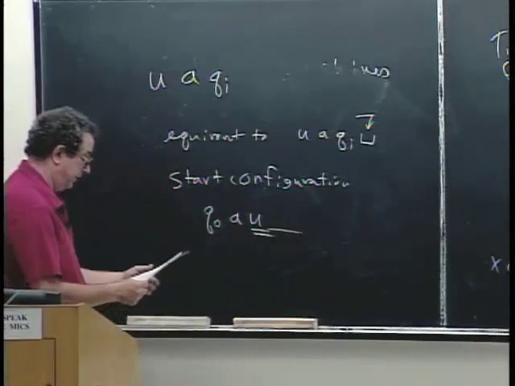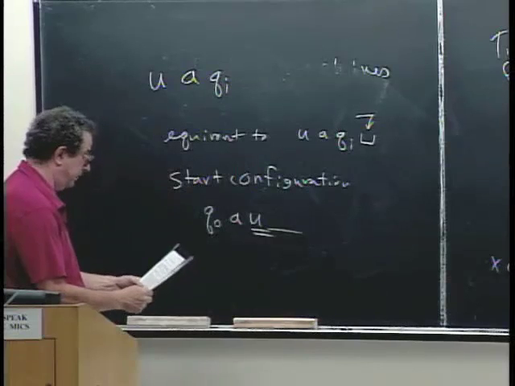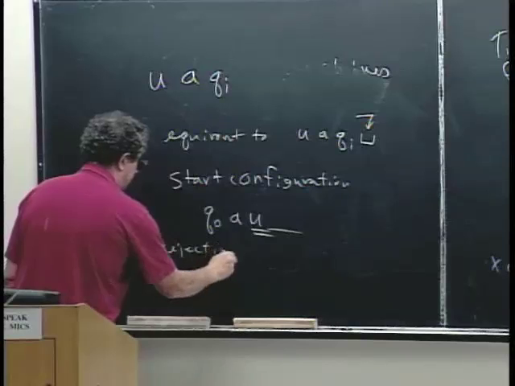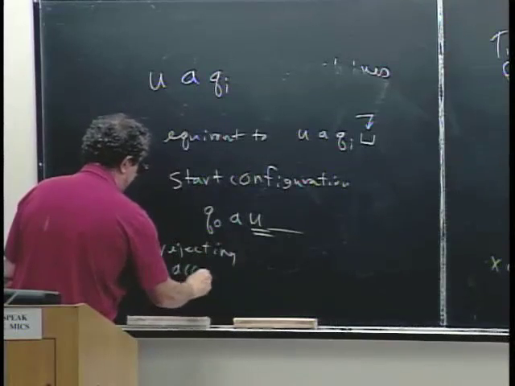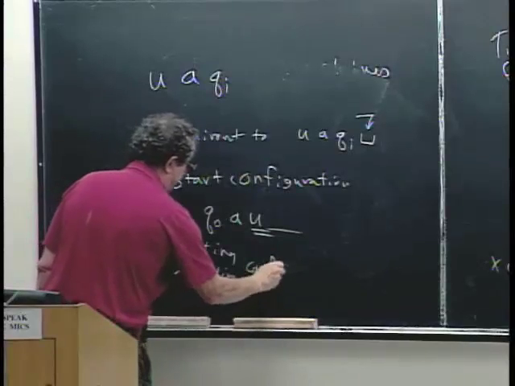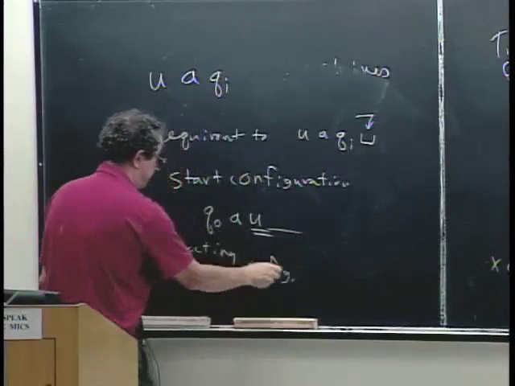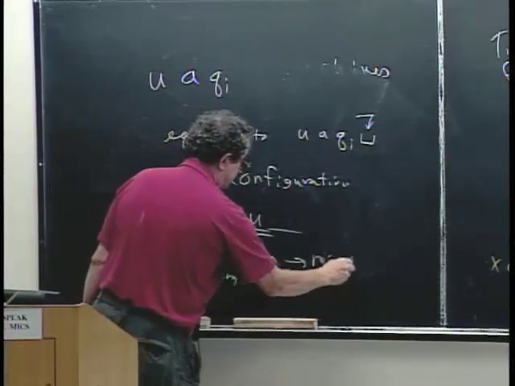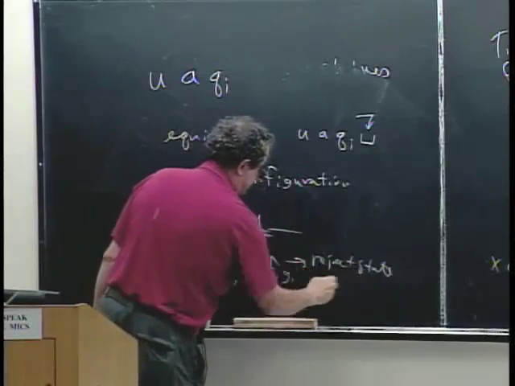So we're there. And then a rejecting or accepting configuration. That's any configuration where we're in the reject state or accept state.